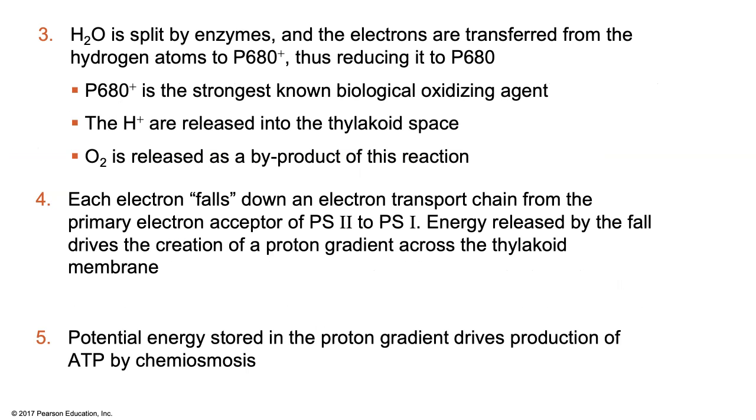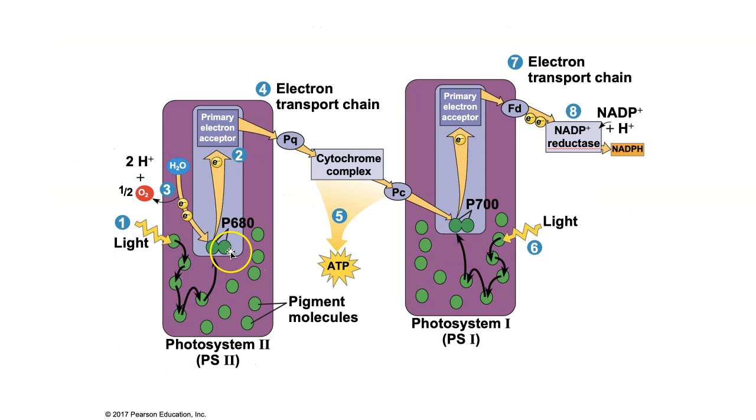Step 3 is water is split by enzymes, and the electrons are transferred from the hydrogen atoms to P680+, thus reducing it to P680. So we have just excited an electron, and that electron got kicked up here. That leaves P680 without an electron.